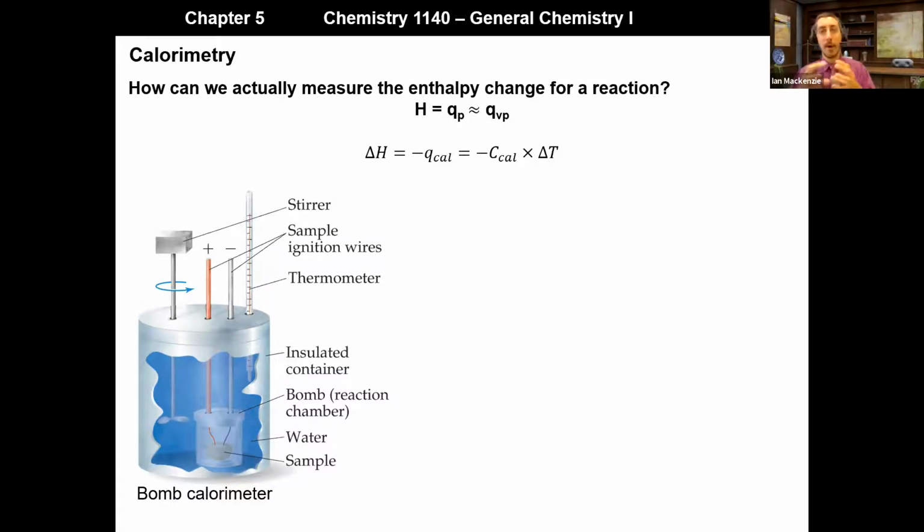Any bomb calorimeter will be calibrated to determine its heat capacity, and the mass of the calorimeter is taken into account when that measurement is made. So as long as we know the heat capacity of the calorimeter, all we really need is the change in temperature to get to the enthalpy.